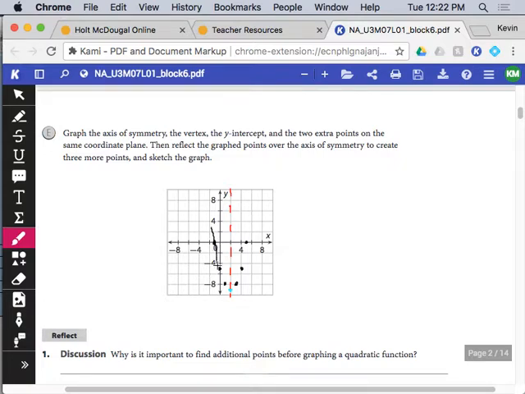We know where they should be. And once we have that, we go ahead and graph our parabola.